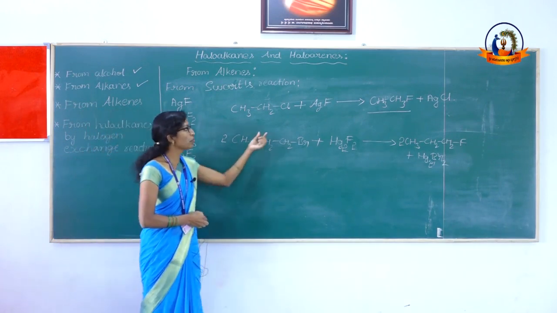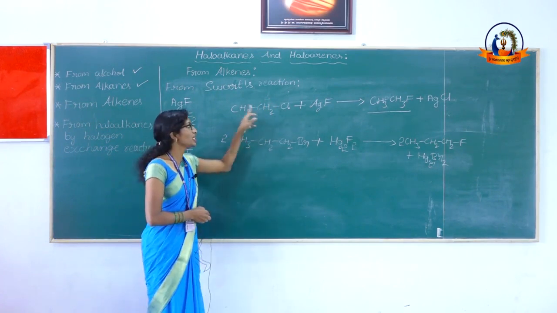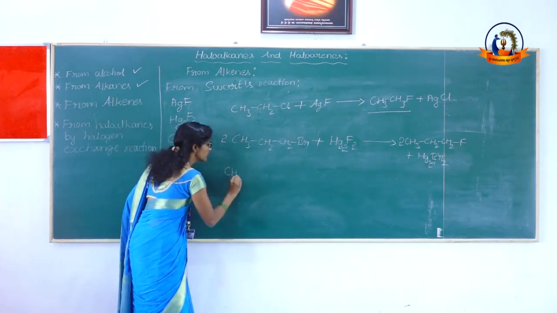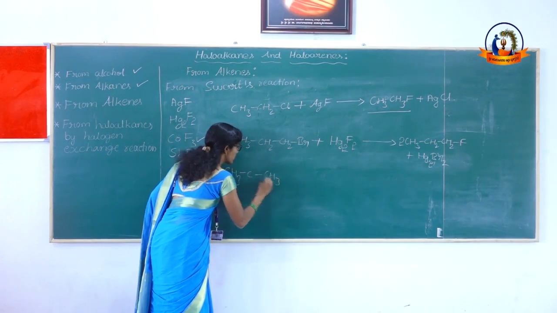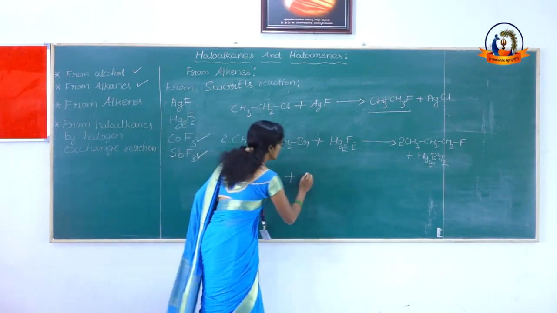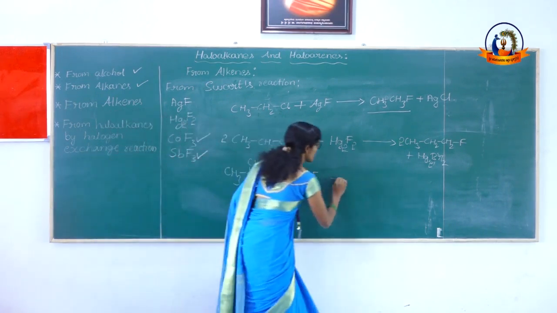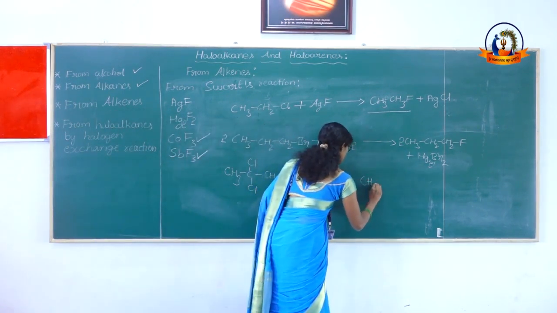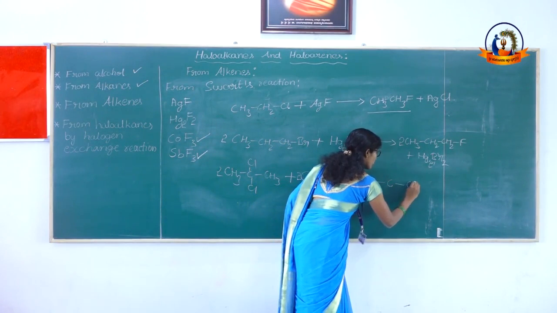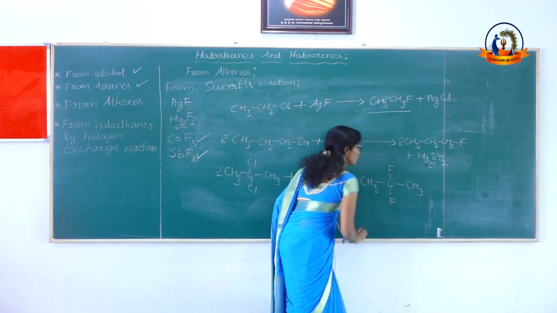If we replace the 2 or 3 halogens on the same carbon atom, we need to use cobalt fluoride or antimony fluoride. For example, CH3, CH3, here 2 halogens are present. What we want to do? We need to use cobalt fluoride or antimony fluoride. Here it replaces the 2 chlorines by fluorine.